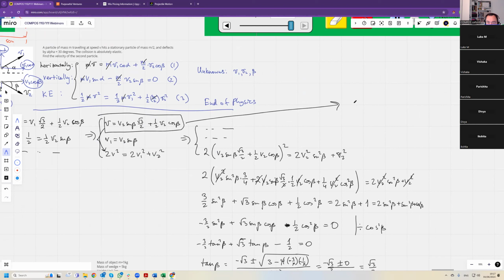So from here, V is equal to V2 multiplied by sine 30 multiplied by square root of 3 over 2 plus 1/2 V2 multiplied by cos 30.